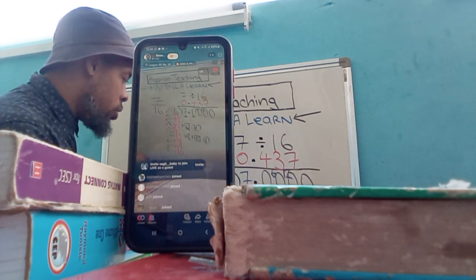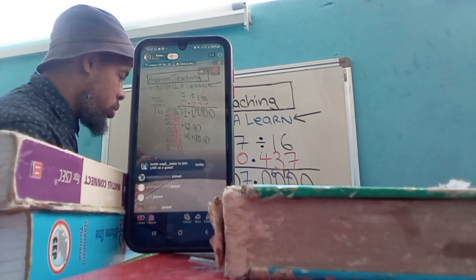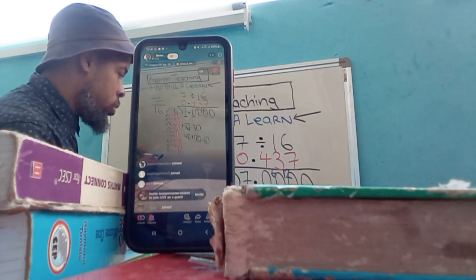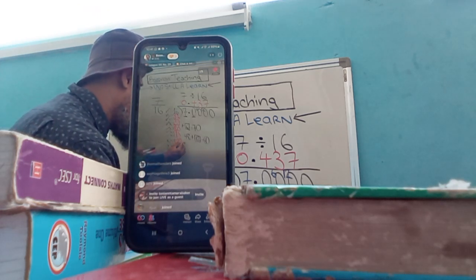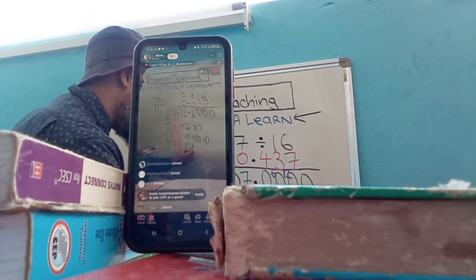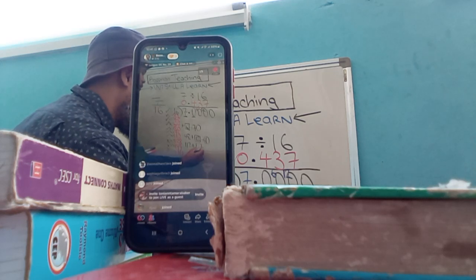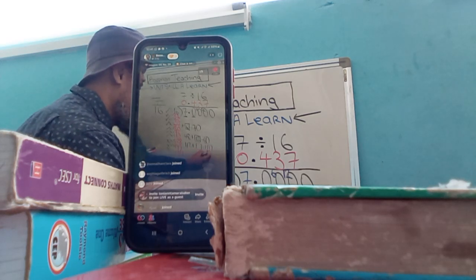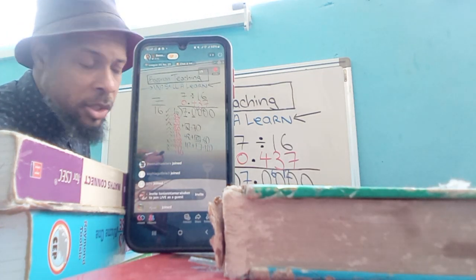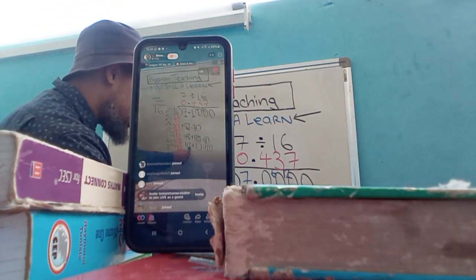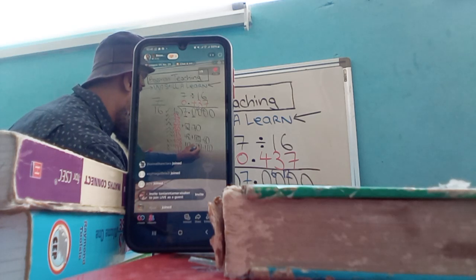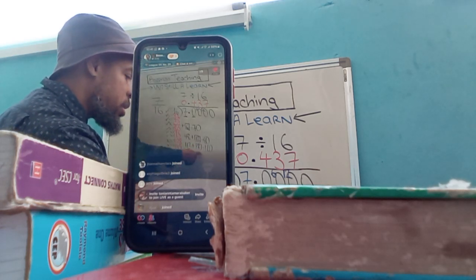Alright. Now, watch this now. 112. What do we add to 112 to get 120? We'll add 8 to the 2 to get that 10, so here we go, right?